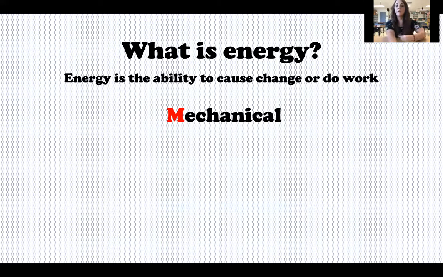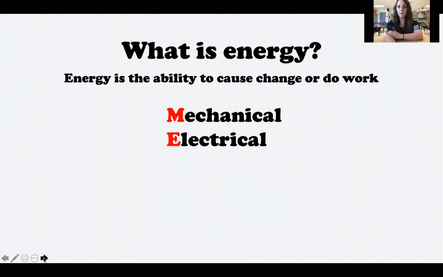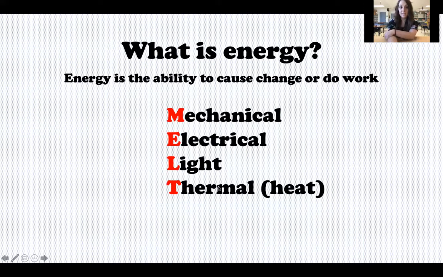We talked about that a couple weeks ago. The E stands for electrical energy or electricity, which we talked about last week. The L stands for light energy. The T stands for thermal energy, which means heat. That's what we'll be discussing today. And the S stands for sound energy, which we talked about a couple weeks ago.